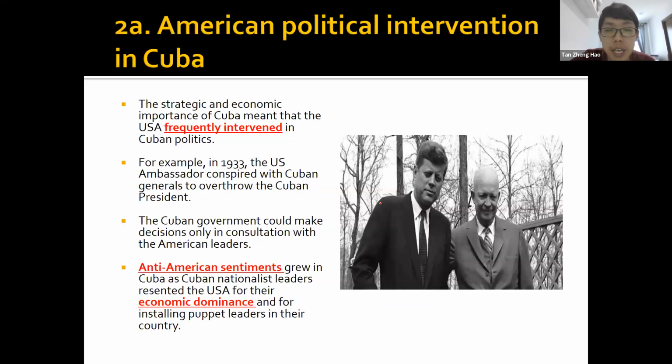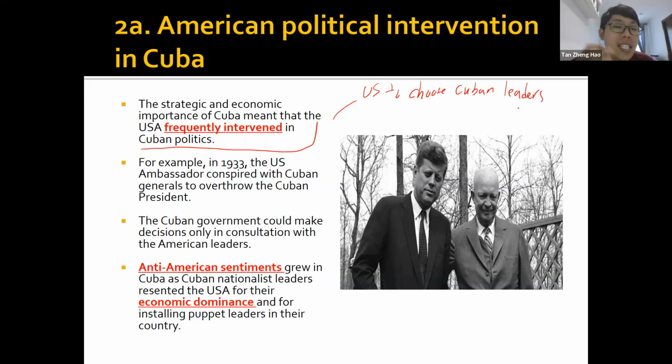So just now I said America wanted to keep Cuba as its ally, under its control. One of the ways to do it is to intervene in Cuban politics. That means basically they want the US to choose the Cuban leader. Whoever is in charge of Cuba, the US wants to make sure that this leader is either chosen by the US or heavily influenced by the US.